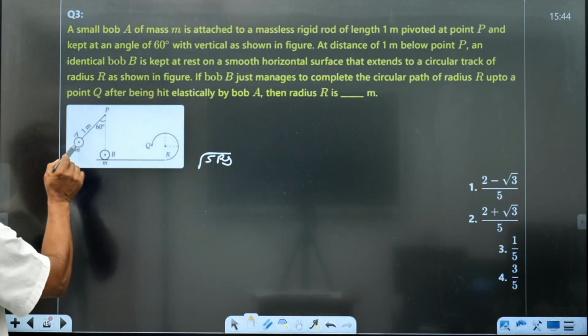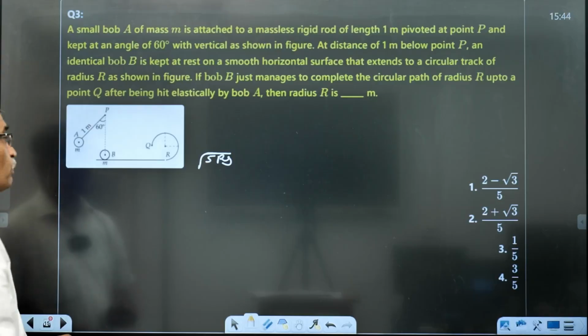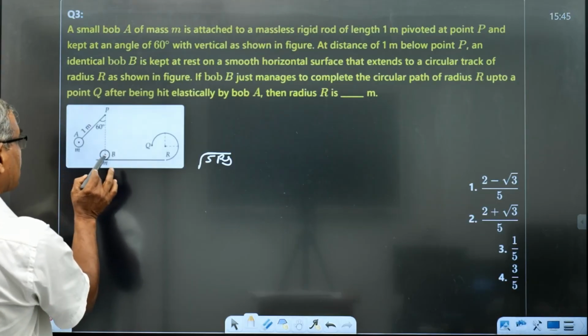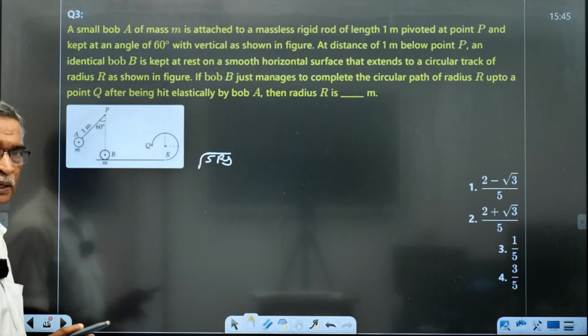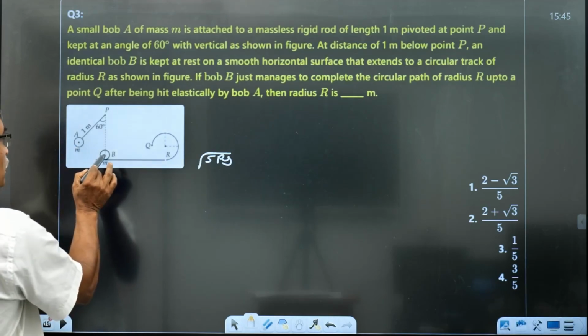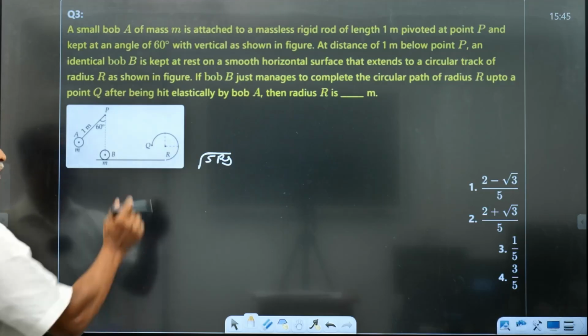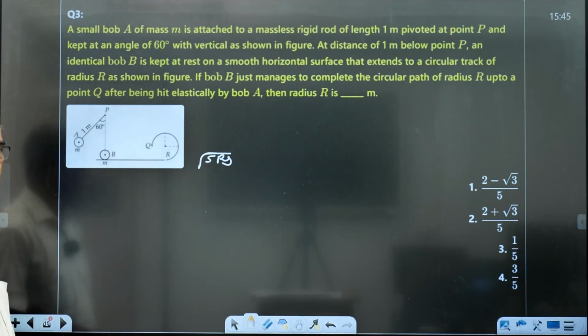Here there is an elastic collision between identical bodies. Then what happens? They will exchange their velocity. That means on hitting, B will carry the velocity of A and reach here and take circular motion.